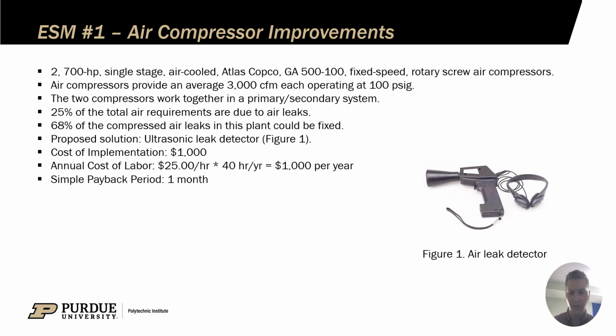We have a picture of it there, figure 1. The cost of implementation is $1,000. That's how much the product costs. And we estimate that it costs about $1,000 every year for an employee of the plant to go around looking for air leaks in the system. The payback period on this particular implementation would be 1 month.